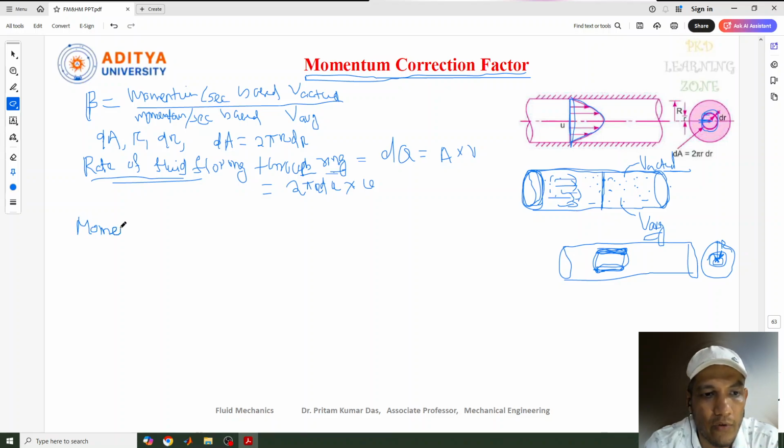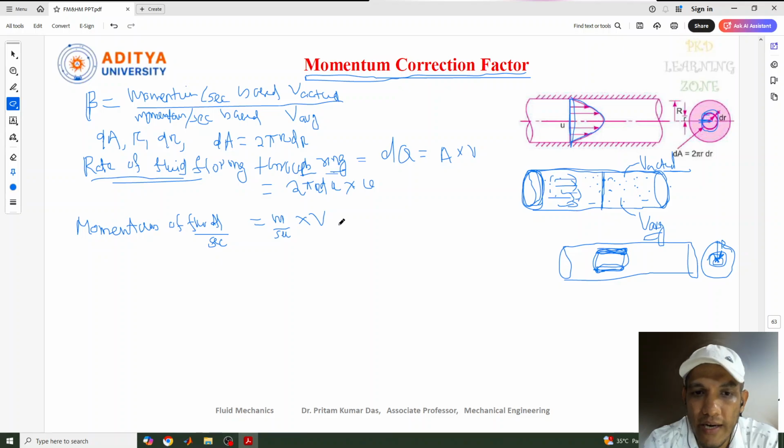We know the formula of momentum. Momentum of the fluid per second is equal to mass into velocity. If we consider this per second, then we consider the mass per second, which is rho into Q. So we can write rho into dQ into velocity.